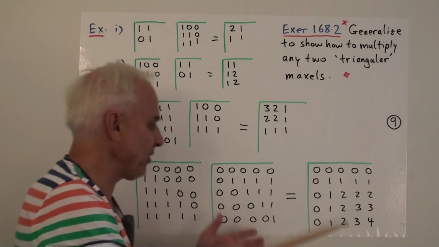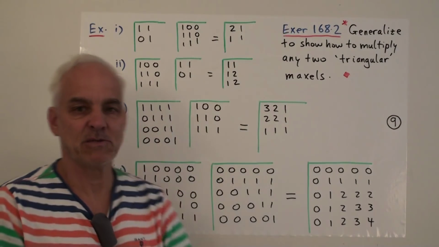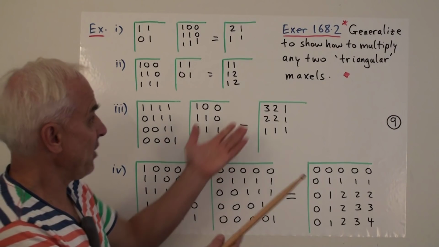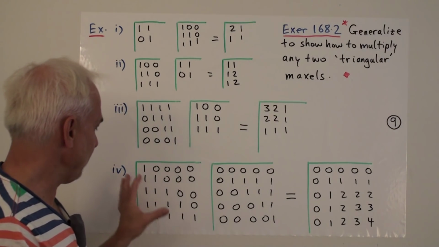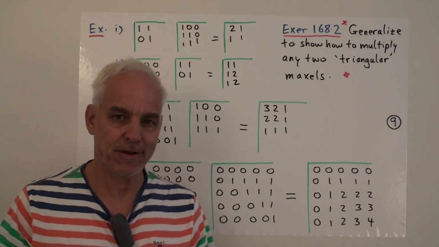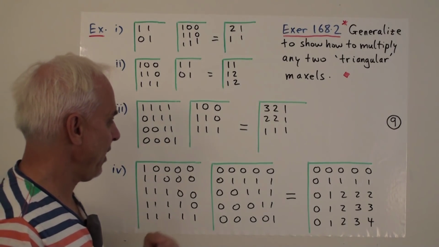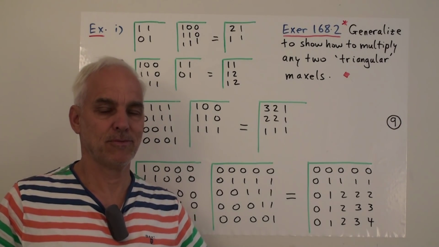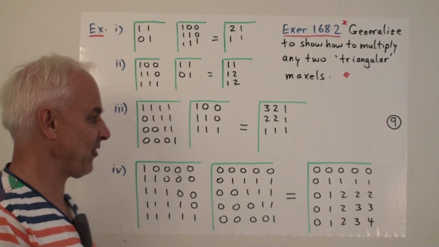There's a pattern to discover and play around with, and so you can get a little bit of experience with pixel and maxil multiplication by trying to figure out if you can find some pattern that allows you to predict what happens if you multiply two triangular maxils. And you might try what happens if we multiply an upper triangular by another upper triangular one, for example. What are the possibilities? What happens? Can you predict what happens?